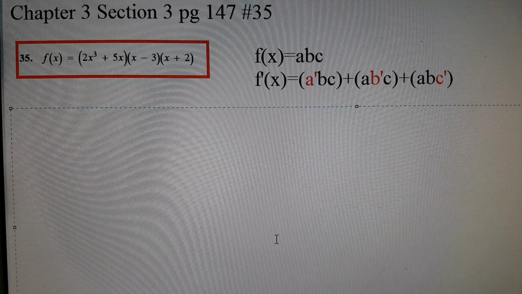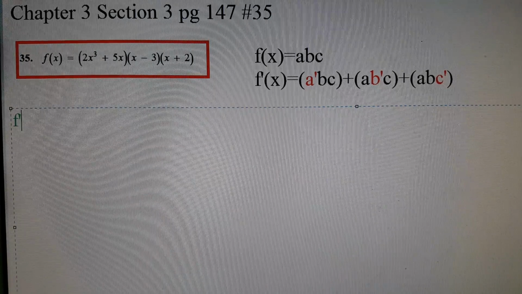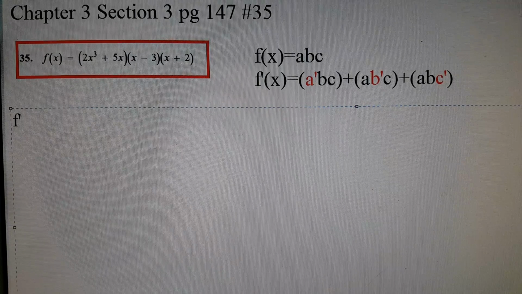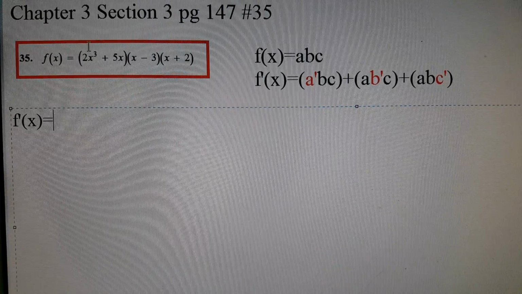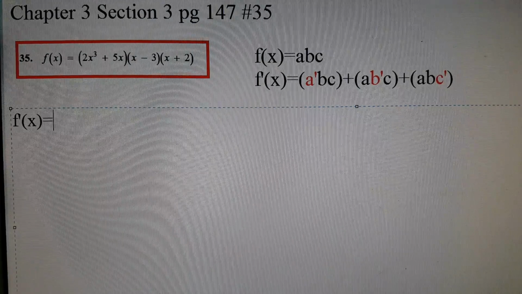First thing we have to do is take the derivative of this first term right here, 2x to the third plus 5x.